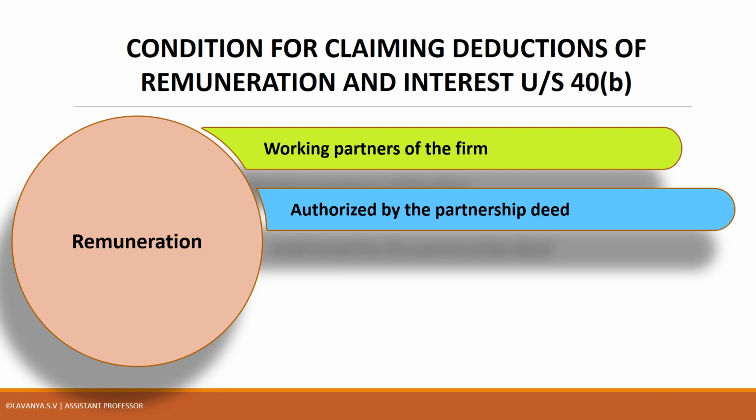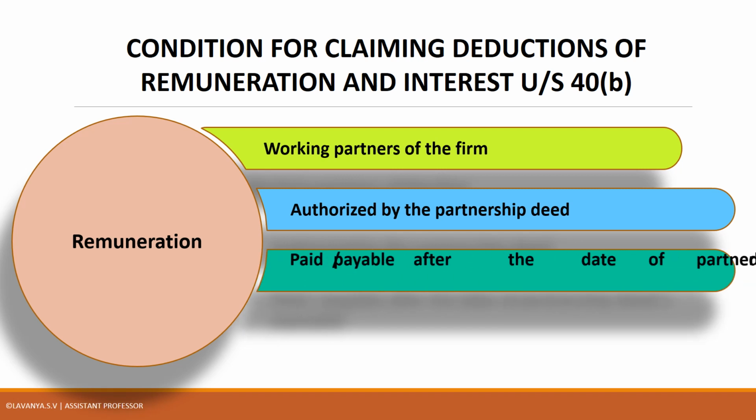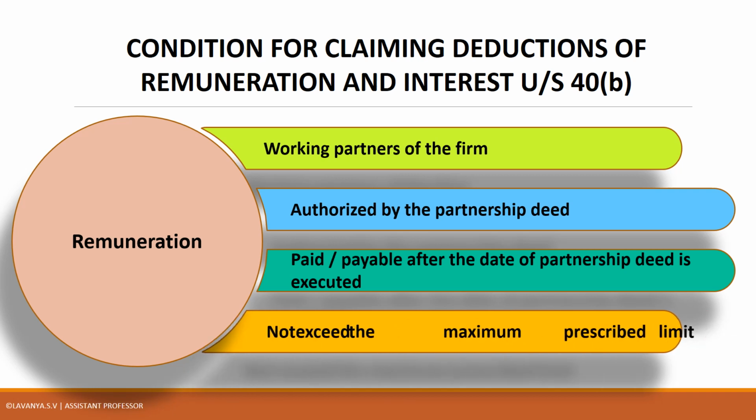Second one, remuneration must be authorized by the partnership deed. Third one is remuneration should be paid or payable after the date the partnership deed is executed. And fourth one is remuneration should not exceed the maximum prescribed limit.